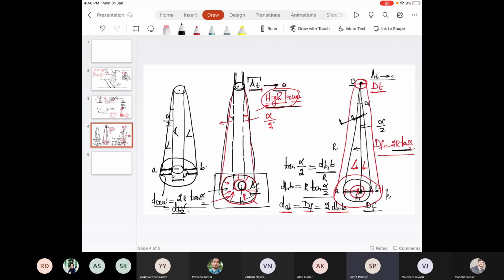Because the range varies: if the terrain varies, the range varies. So generally the flying altitude is taken as the range to do this calculation. That is the altitude of the aircraft from the ground, and that flight altitude value is given by the GPS.